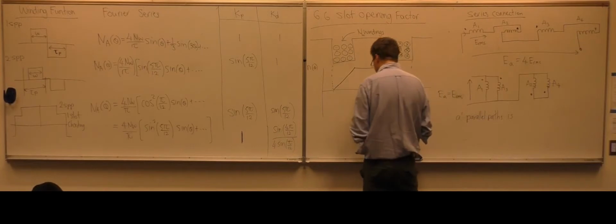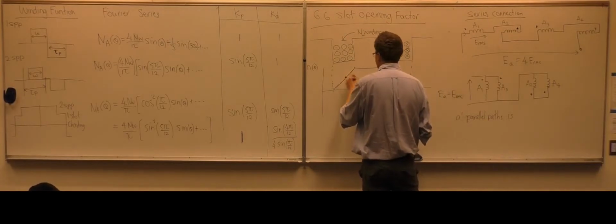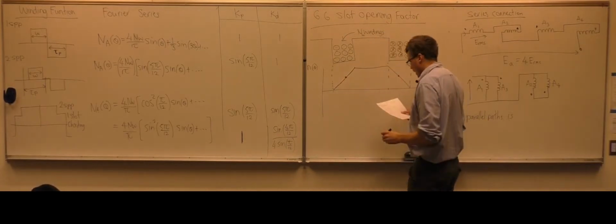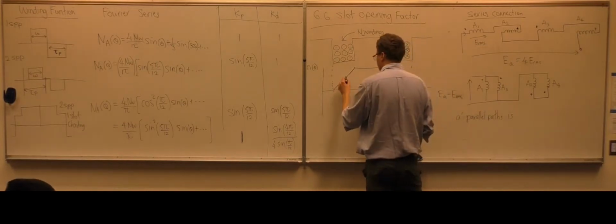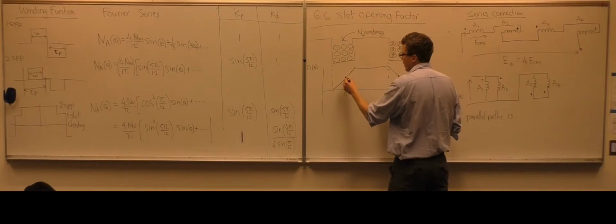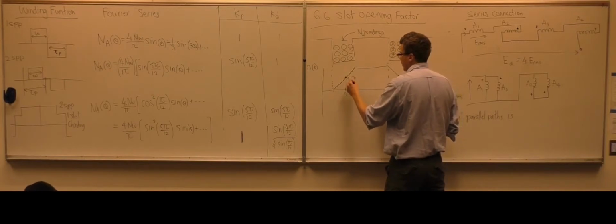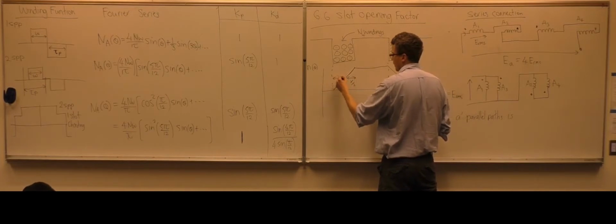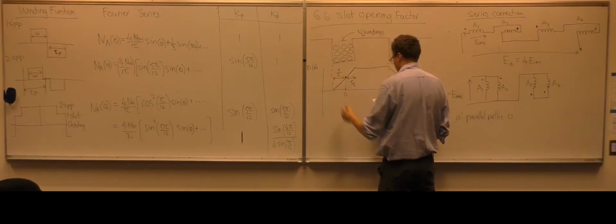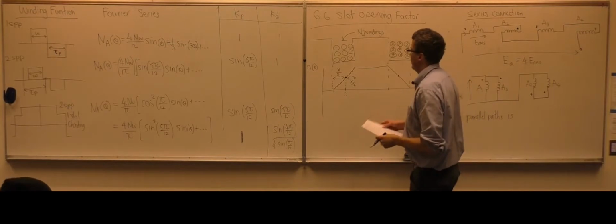Then we could define the middle point as the 0. Then this half of this is going to be x over 2, like that. So that's the turns function.